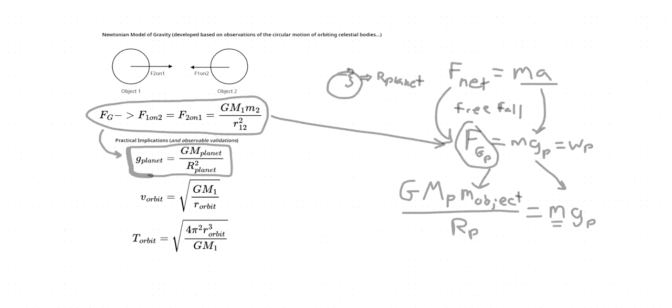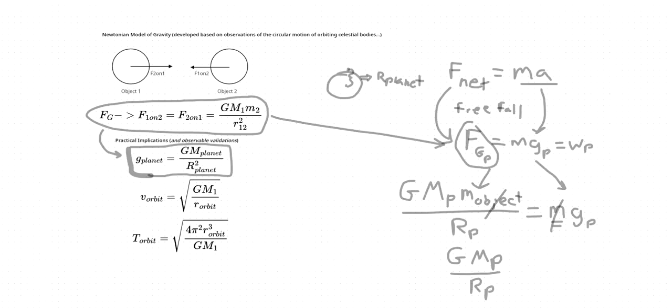I didn't put that subscript in, but this right here is the mass of the object, which then shows up on both sides. And what you find, and this is something we've already observed, is that the acceleration due to gravity on some planet will depend on the mass of the planet, which doesn't change for any object near the surface of the planet, divided by the radius of the planet, which if the planet is a perfect sphere, would be the same at every point on the surface.